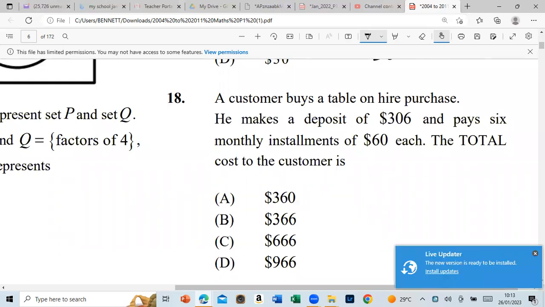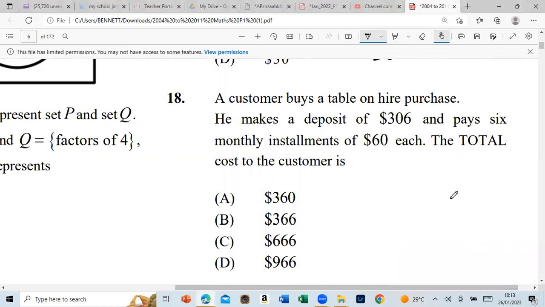Alright, a customer buys a table on hire purchase. He makes a deposit of $306 and pays 6 month installment of $60. Total cost to the customer is, and I don't like this number that I'm gonna get. So first, we made a deposit of $306.